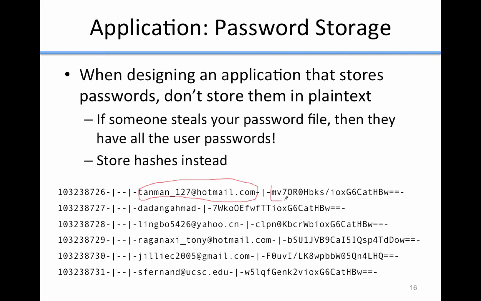And this is a secure hash of their password. I can't log in as them. This is not their password. It doesn't work that way. But it is a hash of their password. So if I wanted to know what their password is, I'd have to figure out how to reverse the hash. And that's difficult. It takes a lot of processing power, and it's not as likely to happen. Now, I want to note that there are specific ways you have to do the hashing in order to make this secure. But we'll talk about those when we cover password storage more deeply later on in the semester.